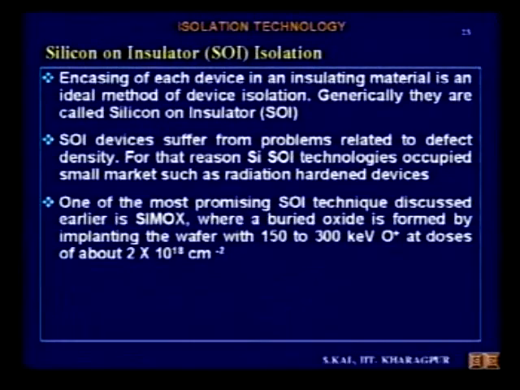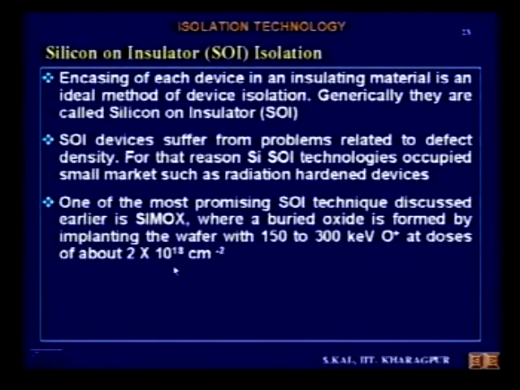One of the most promising SOI techniques discussed earlier is SIMOX. I think you remember the SIMOX. SIMOX, high energy implantation, oxygen implantation in silicon, where a buried oxide is formed by implanting the wafer with 150 to 300 keV oxygen at doses of about 2 into 10 to the power 18 per centimeter square.